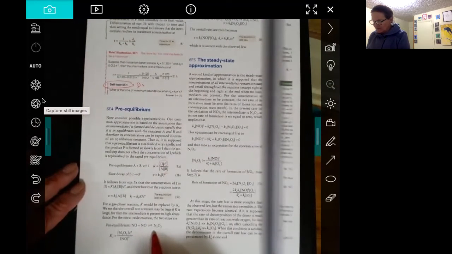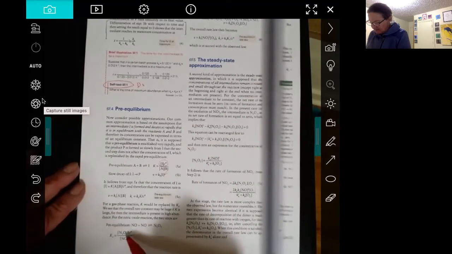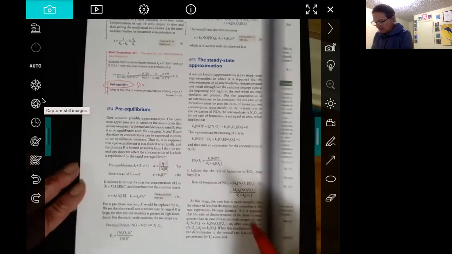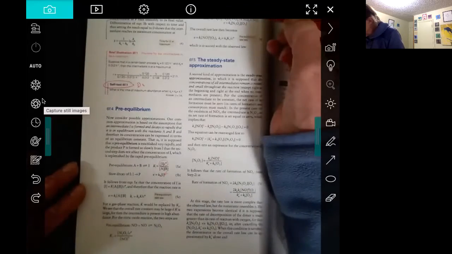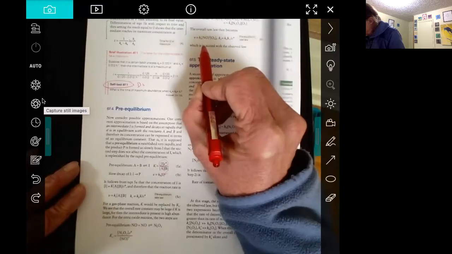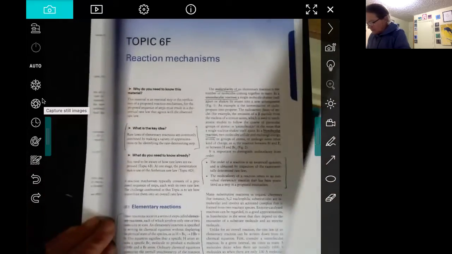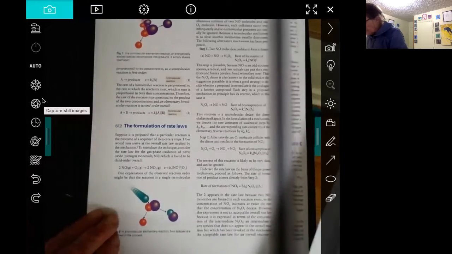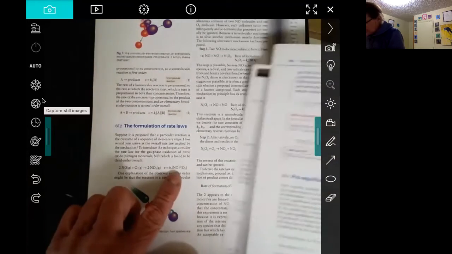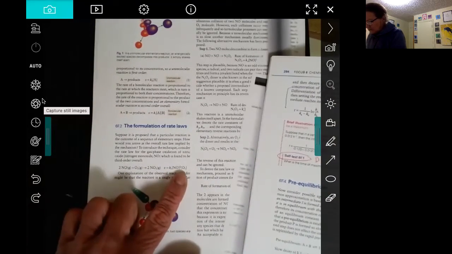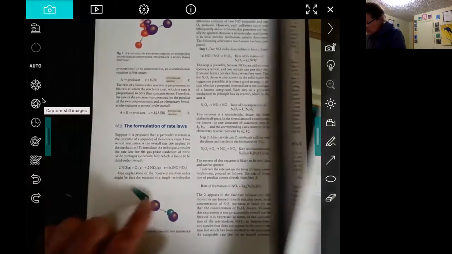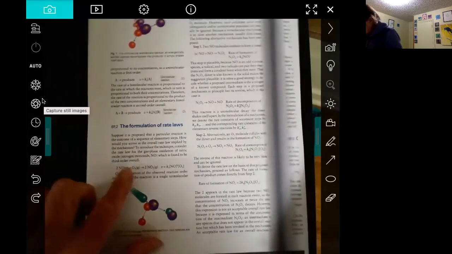Assume that that first step is fast pre-equilibrium, and then you can go in and we had N2O2 in it. Whoops, that's the equilibrium for that one, sorry. We had, what did we have in there to start with? We had the rate of the reaction is NO squared times O2. And so that's from experiment.